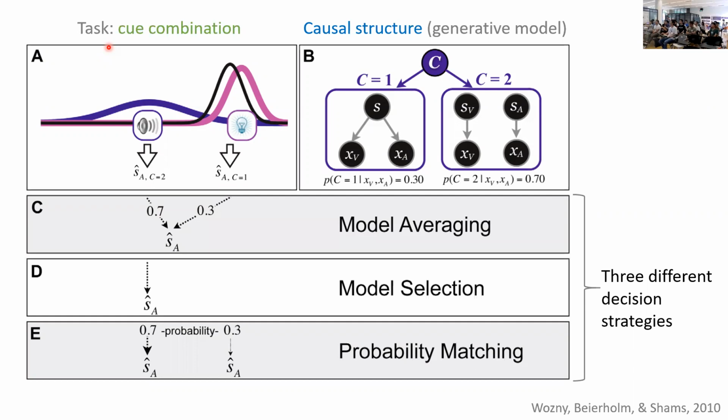So suppose some object or some person makes the visual image and the sound, so they have the same source, then you could combine the visual and the auditory information together to get a more precise estimate. It's called cue combination.